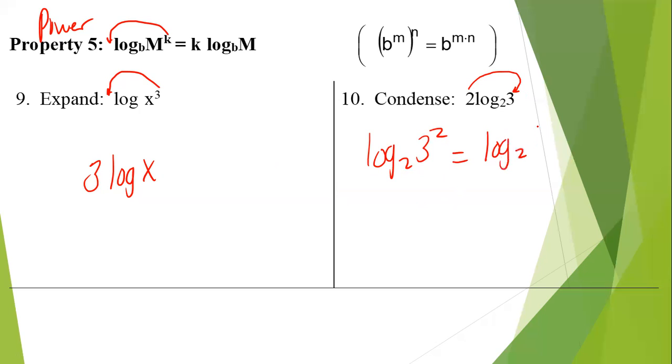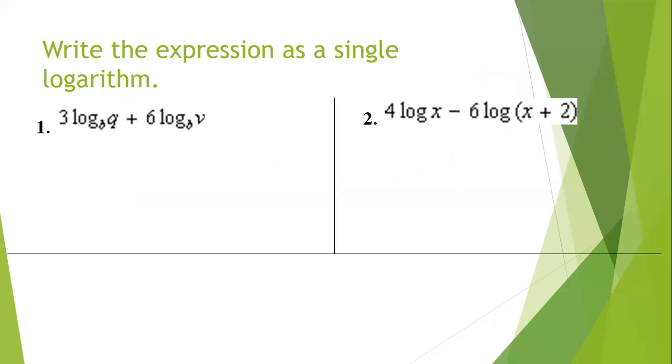So it becomes log base 2 of 9. What are your questions about the power property? Property number 5. None? All right, cool.